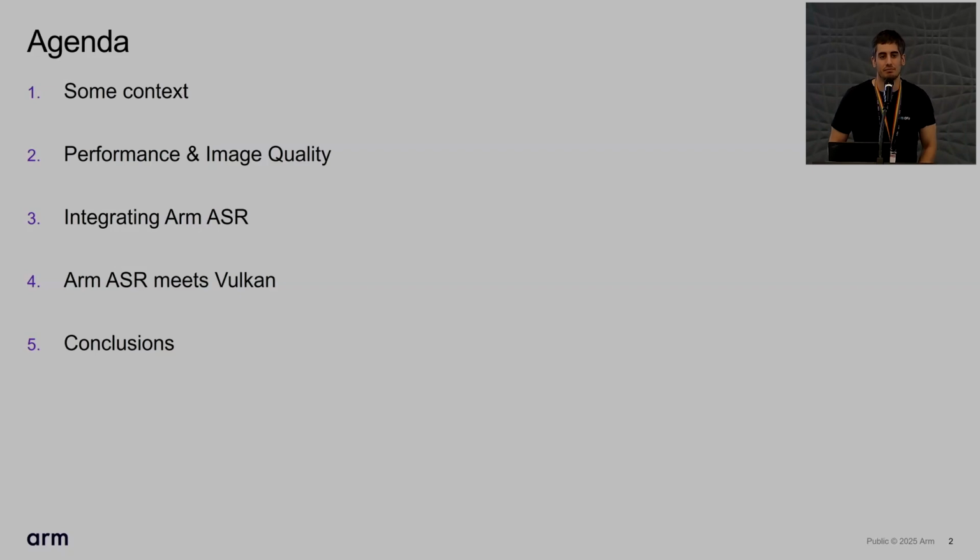After that, I'll give an overview of how you actually integrate this in your code bases and what our way to market is for ARM-ASR. Finally, I'll focus a bit more on the Vulkan specifics, since we love Vulkan. Vulkan is our main API, and we wanted to make it as simple as possible for developers to use it.